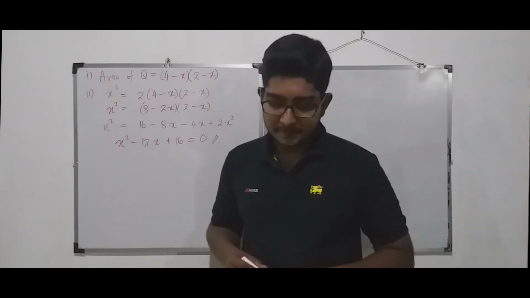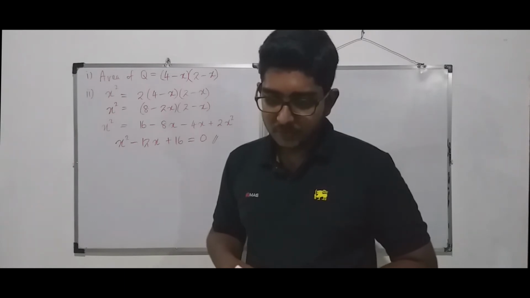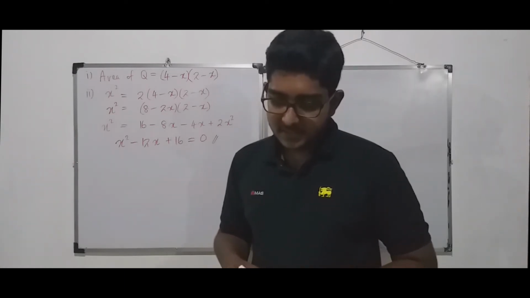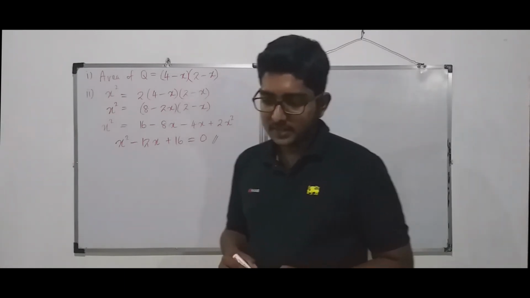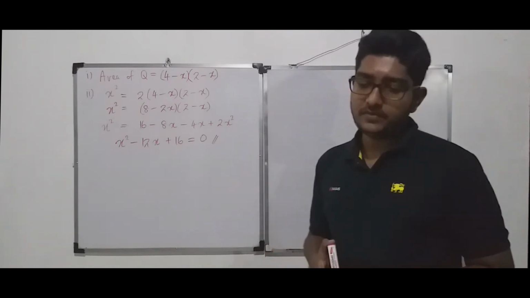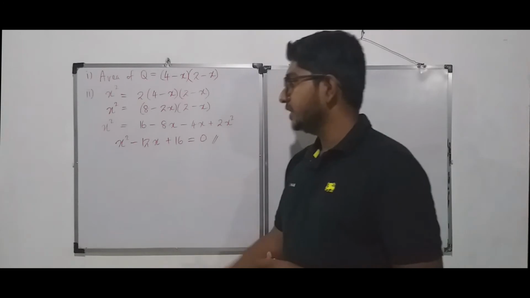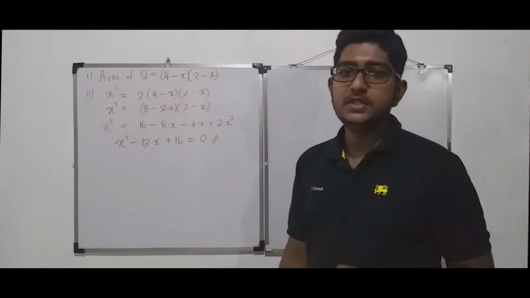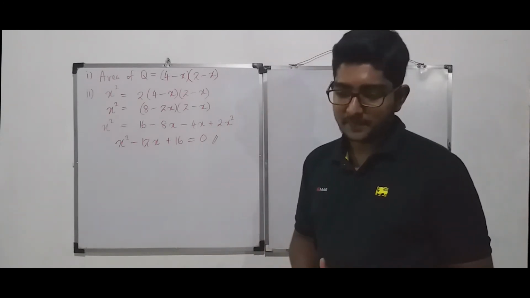Roman number 3. Using the formula or by some other method, show that x equals 6 plus or minus 2 root 5. So we have to solve this quadratic equation. For that I am using the completing the square method.